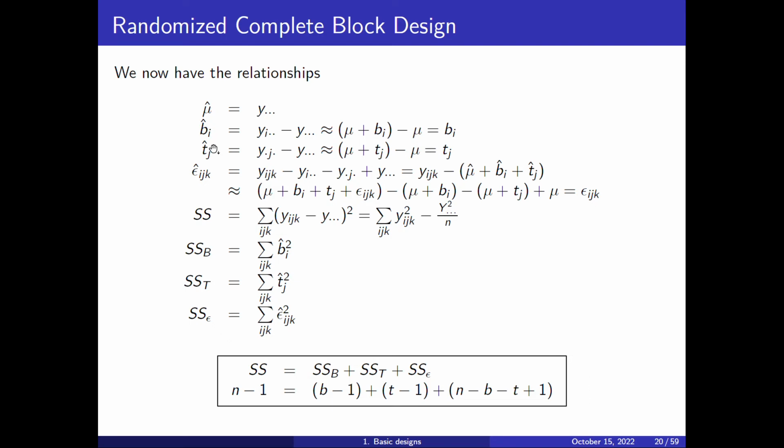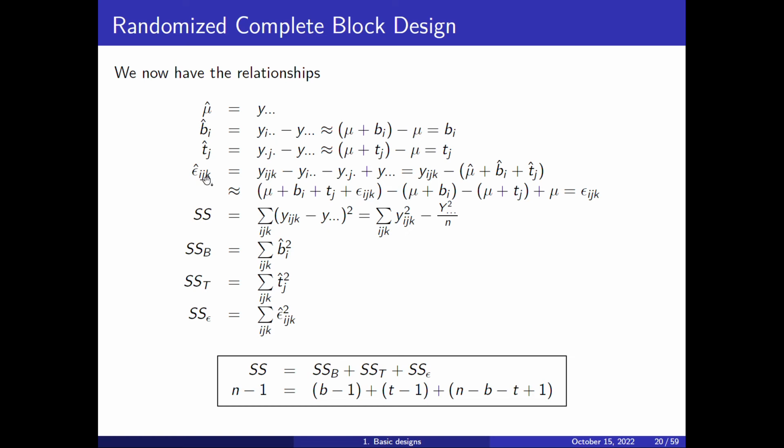And then the same for the treatment: you compute the average of all people receiving the placebo disregarding their sex, and then you subtract the overall mean. So these are ways to estimate the block and the treatment.